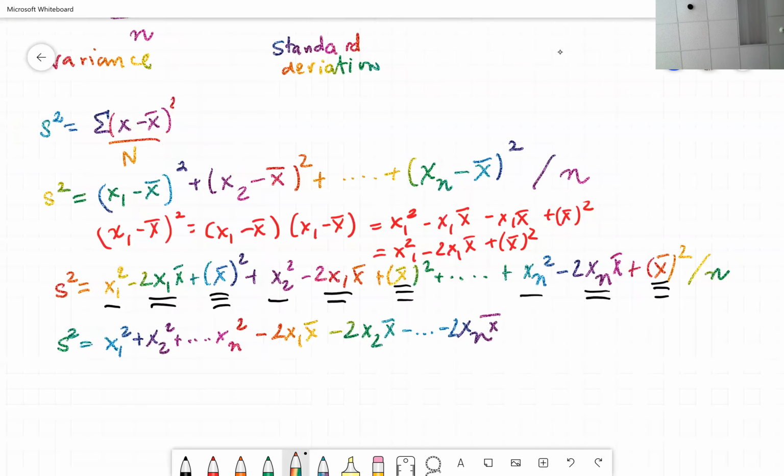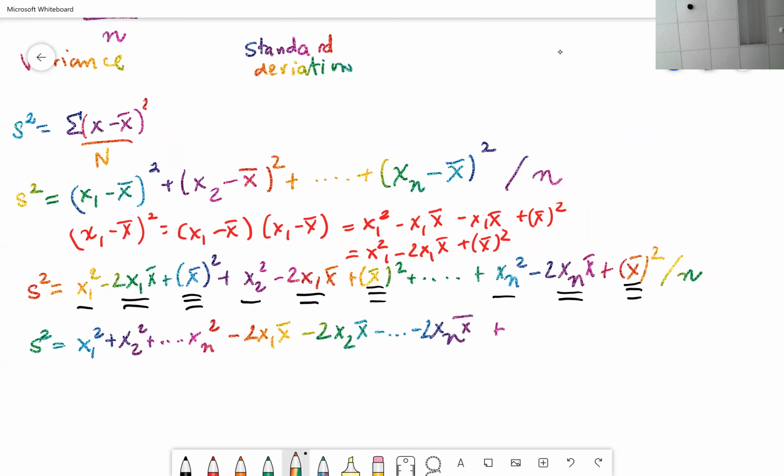And then you have plus x bar squared plus x bar squared plus dot dot dot plus x bar squared. If there were 10 numbers, it happened 10 times. If there were 50 numbers, it would happen 50 times. Since there's n numbers, it happens n times. All this divided by n.